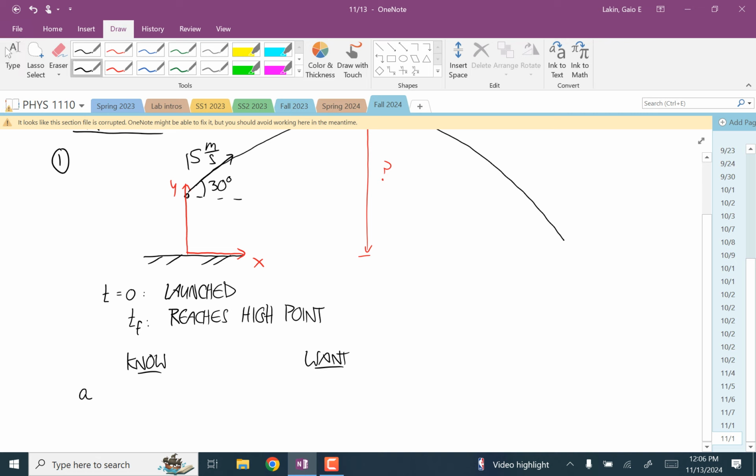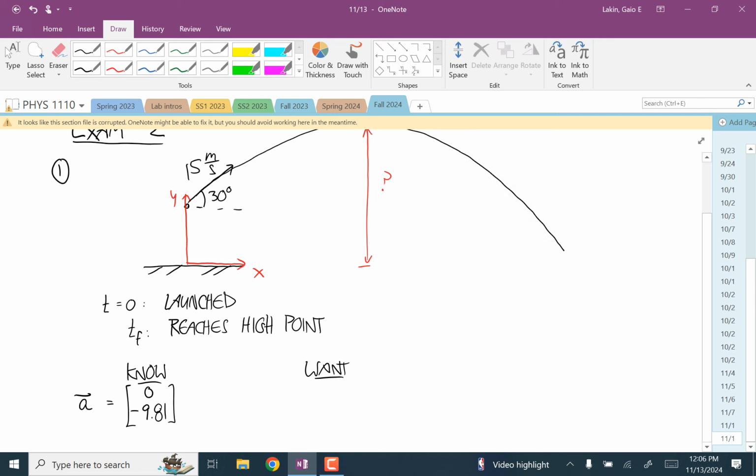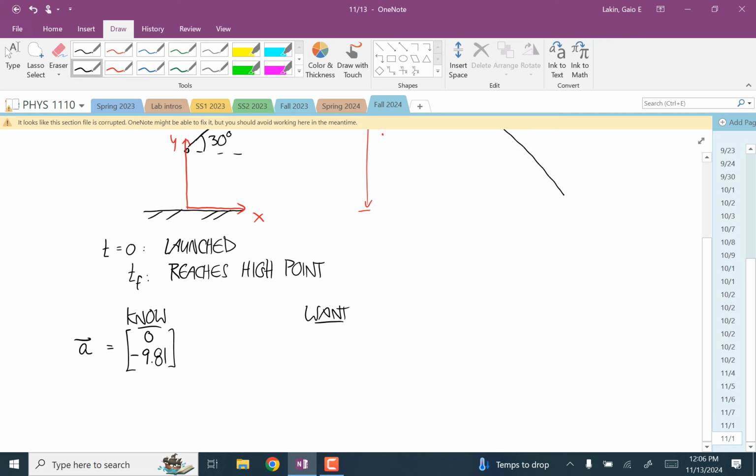We know that during this whole flight, the acceleration is 0, negative 9.81. The initial position is 0, 2. The final position, we're trying to find the y component.